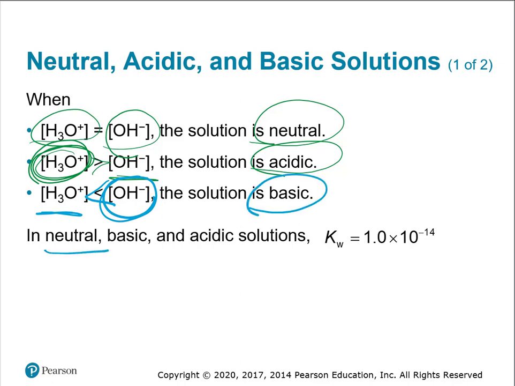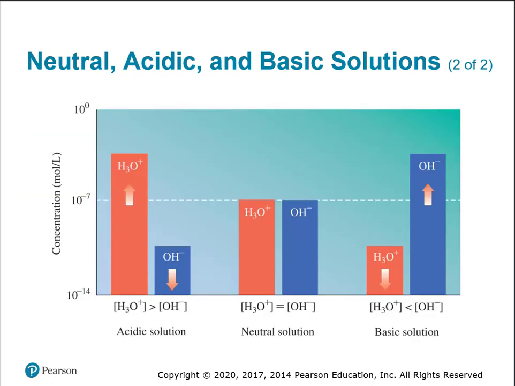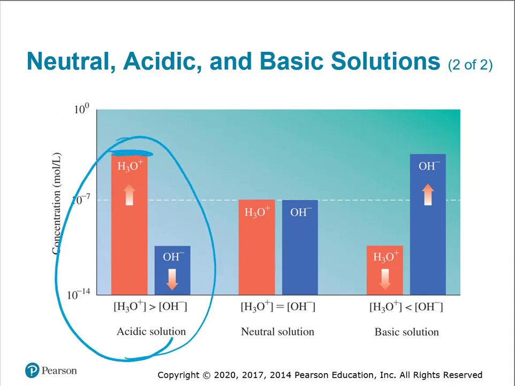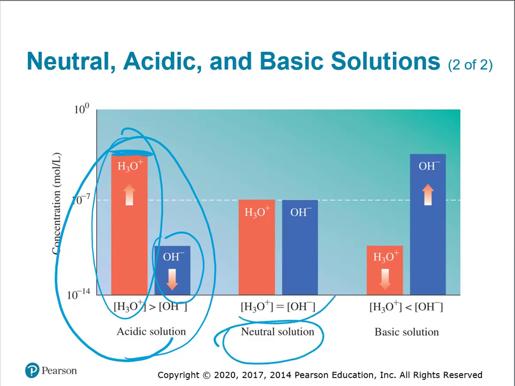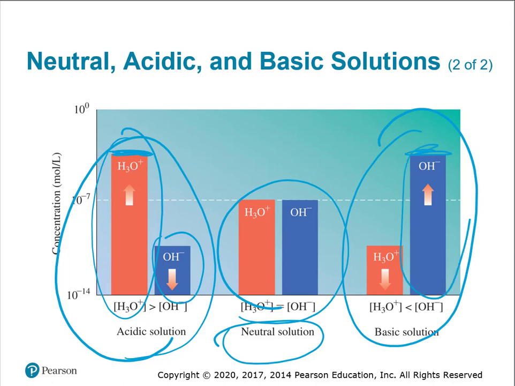Remember, in neutral, basic, and acidic solutions, our Kw is always equal to 1 times 10 to the negative 14. So in an acidic solution, we can see here that our hydronium ion concentration is much larger than the hydroxide. When we have a neutral solution, they are the same. And in a basic solution, our hydroxide ion concentration is larger than the hydronium ion.